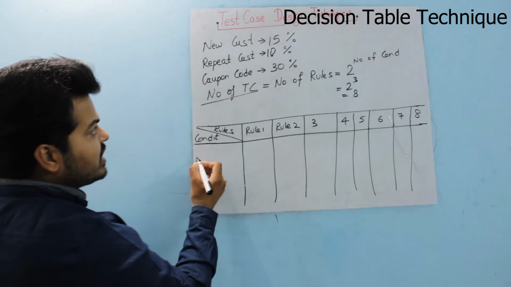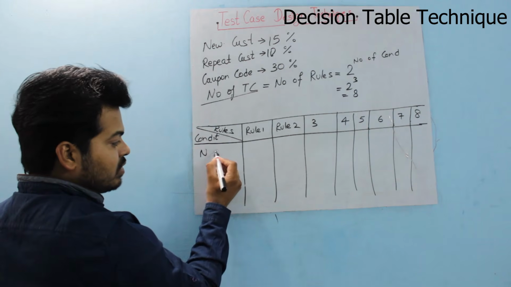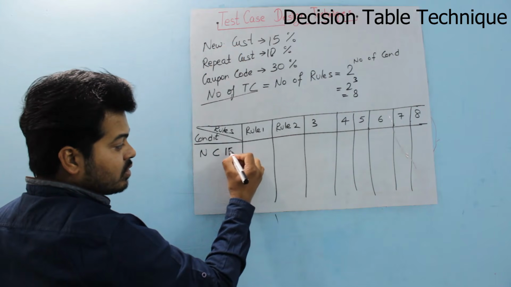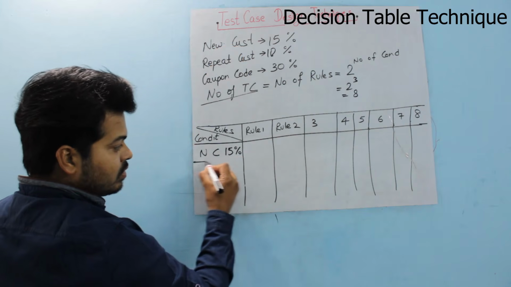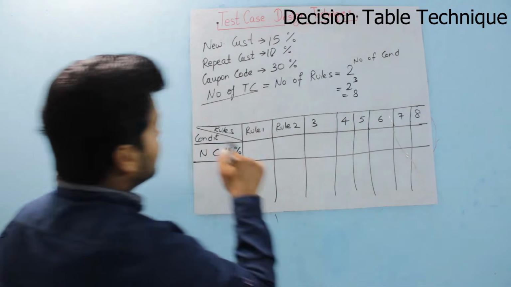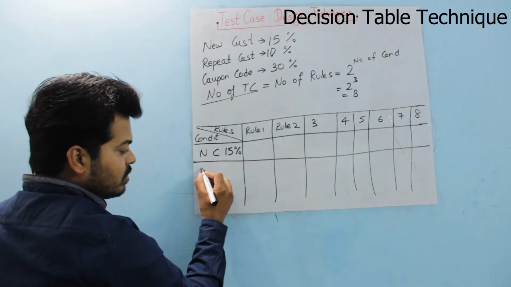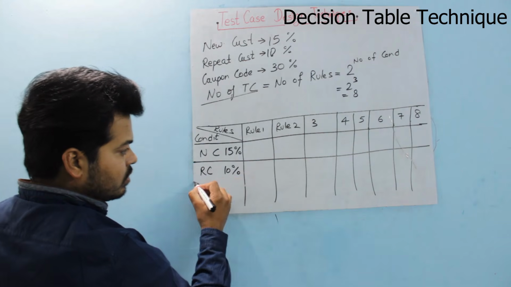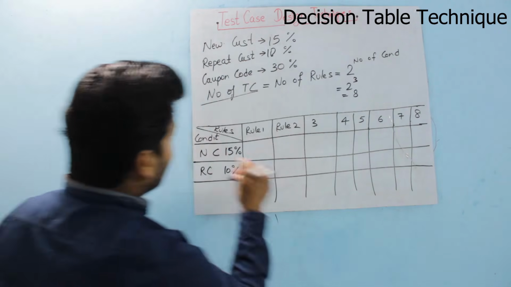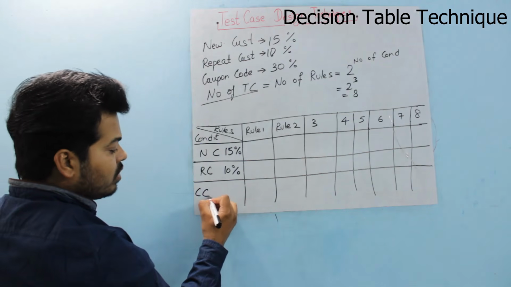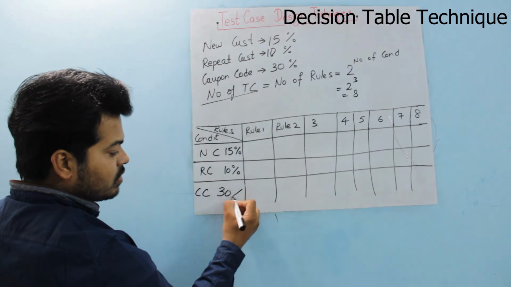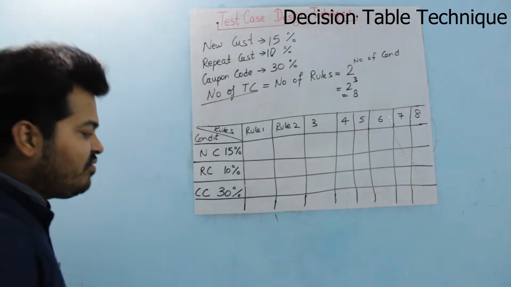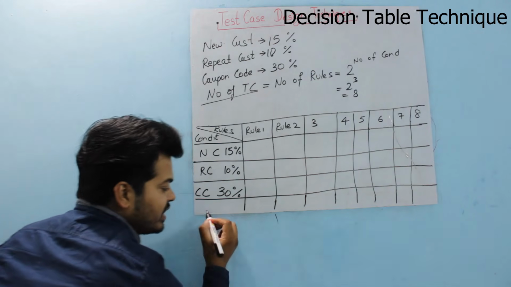You will write the condition as new customer, 15% discount, which is your first condition. Now you will write repeat customer, 10% discount. Now you have one more condition, coupon code for 30% discount. This is your third condition. And finally this line will be your result.